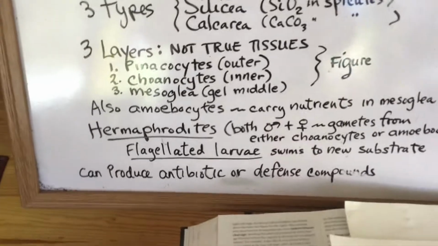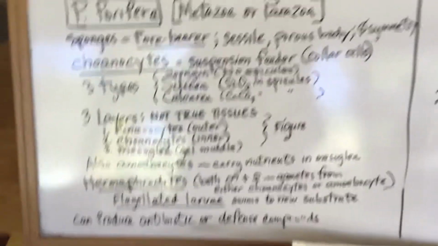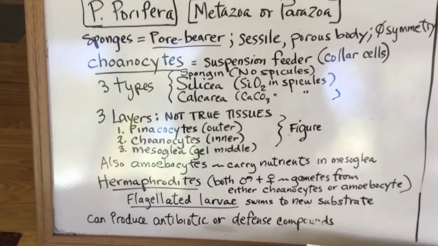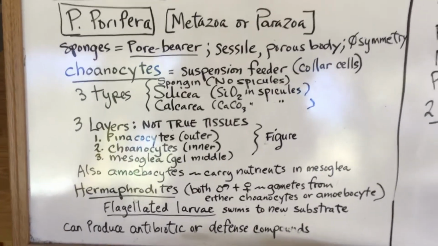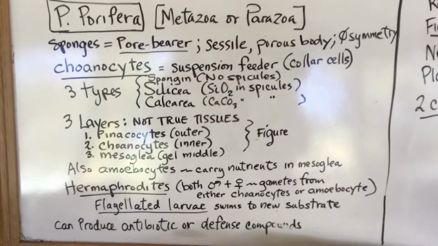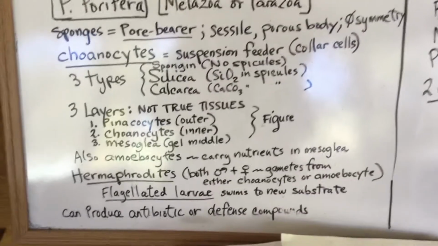Okay, so the other thing is we're going to start talking about the reproductive and the different types of reproductive, and we'll do it as we go through. These guys are hermaphrodites, which means they can be both male and female. Usually they kind of alternate that. And they're producing haploid cells.